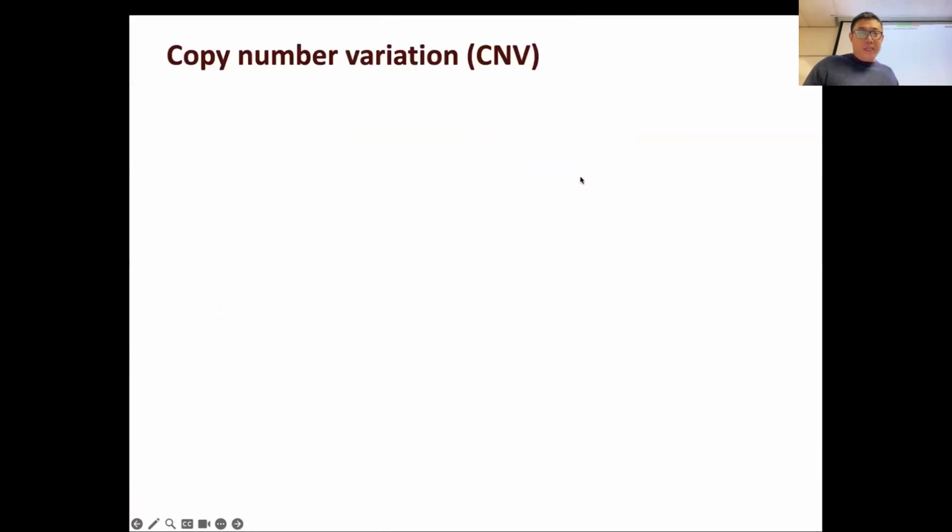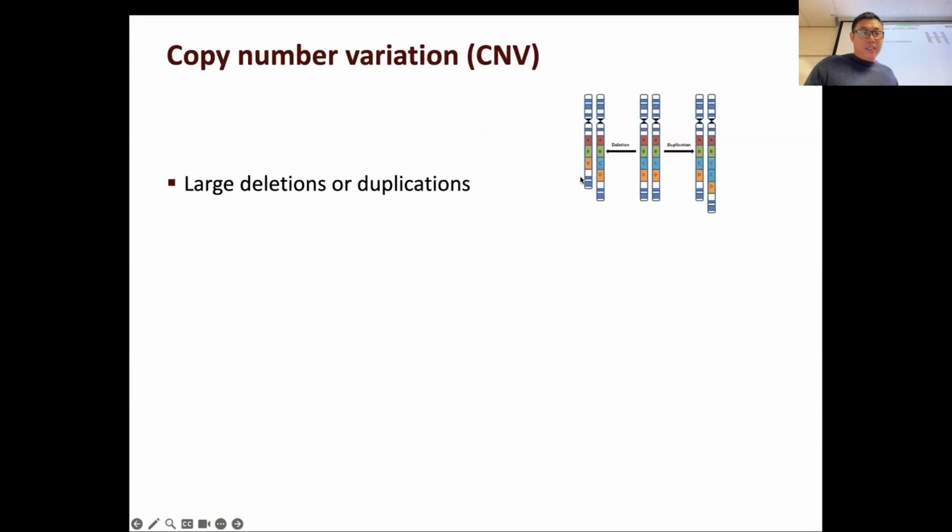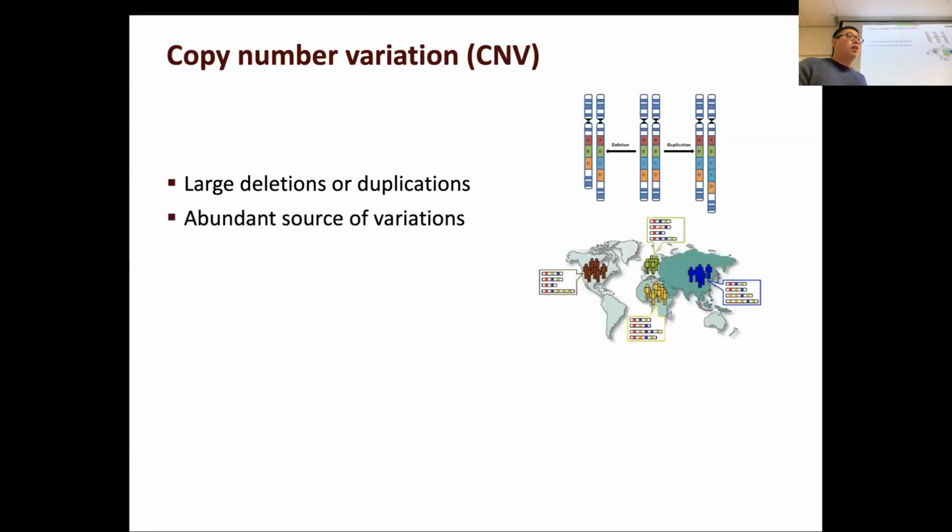So copy number variations are insertions or deletions and duplications that lead to either gains or losses of large segments of the chromosome. They are an abundant source of variation. If you look across different subpopulations or different ethnicities, you see that we have these polymorphisms with regard to the different patterns of deletions or duplications across the different cohorts, okay?